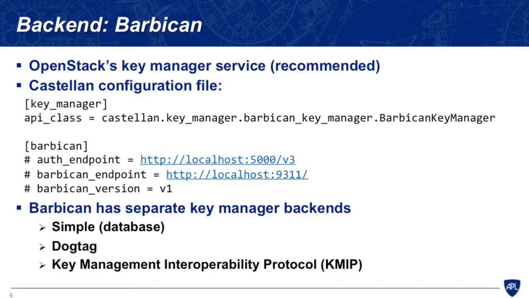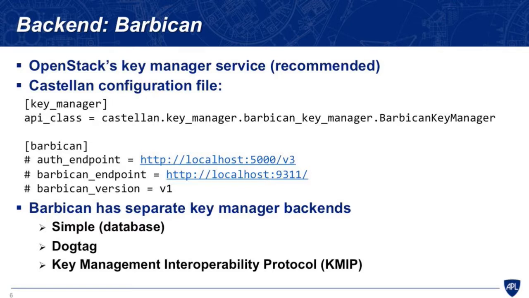So as I mentioned earlier, there are several backends that are available, one of which is Barbican. And Barbican itself, as it's stood up as a separate service, has different available secret stores, one of which is like a simple database backend, another is DogTag, another is the Key Management Interoperability Protocol, KMIP.